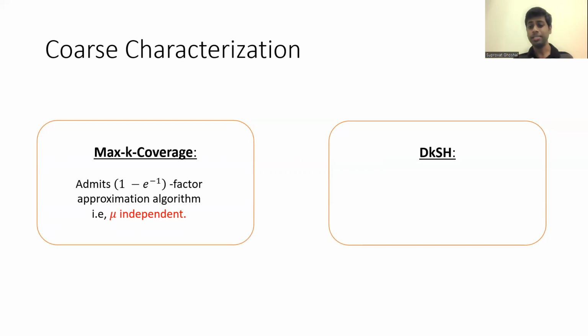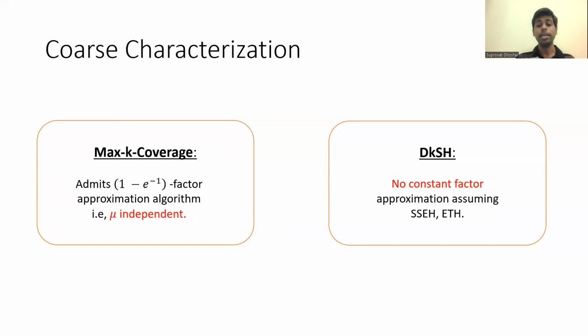So in particular, there is a k or mu independent approximation algorithm for Max-K coverage. On the other hand, Densest-k-SubHypergraph is a really hard problem to solve. In fact, it is known under several reasonable complexity theoretic hypotheses, such as the small set expansion hypothesis and the exponential time hypothesis, that there is no constant factor approximation algorithm for Densest-k-SubHypergraph or even Densest-k-SubGraph.